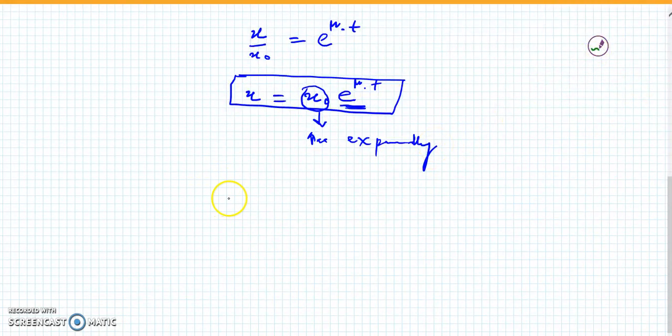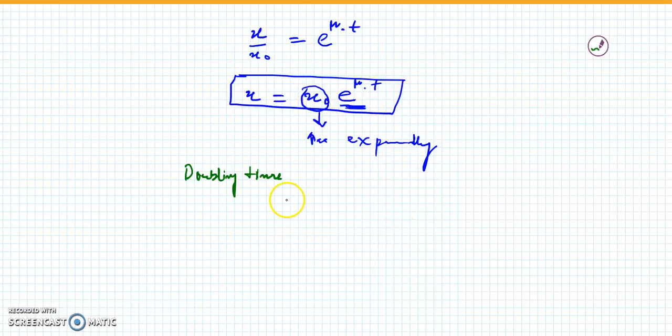Now if we have to calculate the doubling time, doubling time is the time in which the number of the initial population doubles. That is, the x will become 2 times x naught, 2 times the initial population.